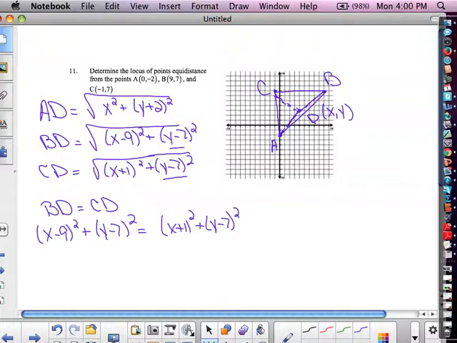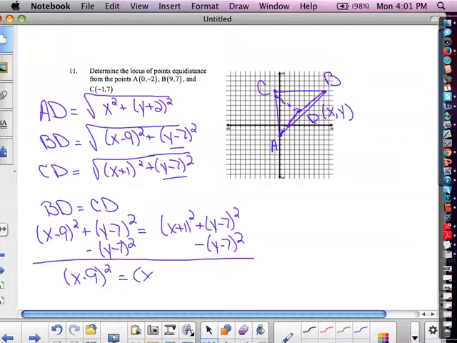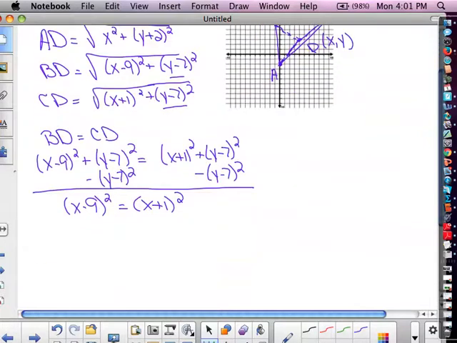So now, when I subtract that y minus 7 squared from both sides, I'm just left with x's, and I have x minus 9 squared is equal to x plus 1 squared. Now I only have one variable, and I can solve that pretty easily.